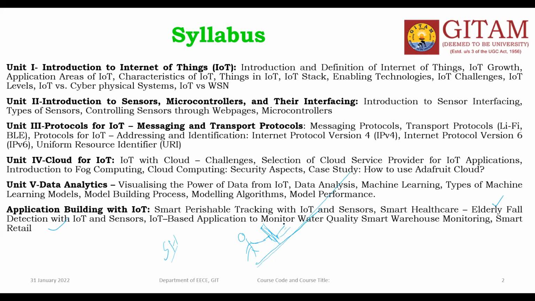If there is no object, it can signal the person, or the smart stick will tell the person that nothing is there and we can walk ahead. Suppose any vehicle is coming, then the sensor will detect that vehicle and warn the person that we need to stop here, because a vehicle is coming.